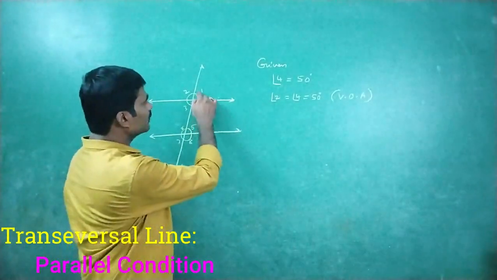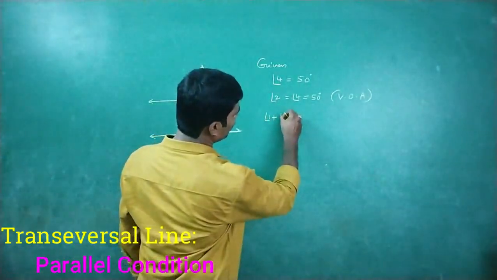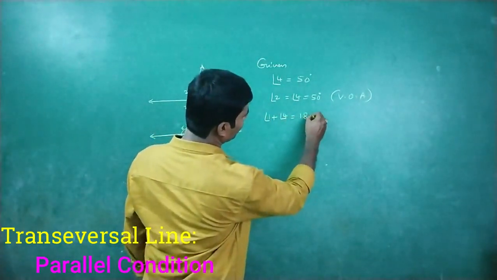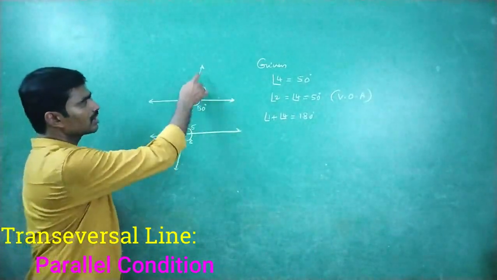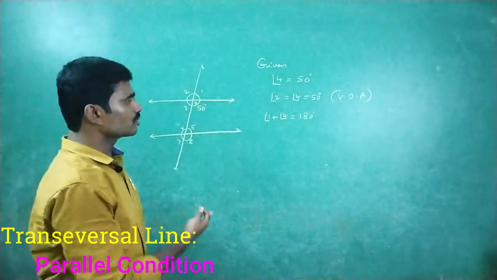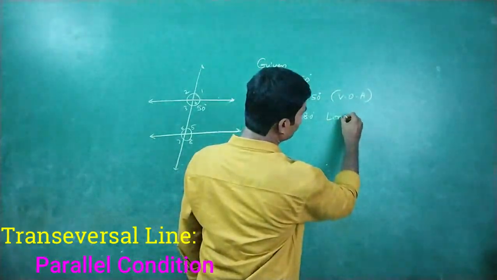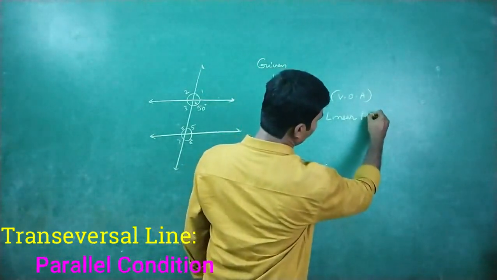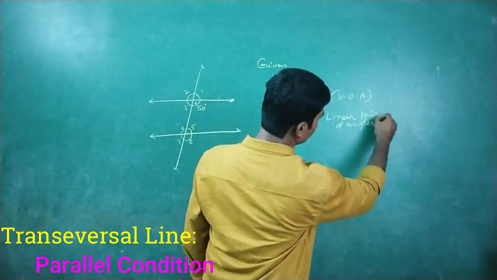And angle 1 plus angle 4 is equal to 180 degrees. Why? Because these two adjacent angles with non-common arms form a straight angle. What is the reason? Linear pair of angles.